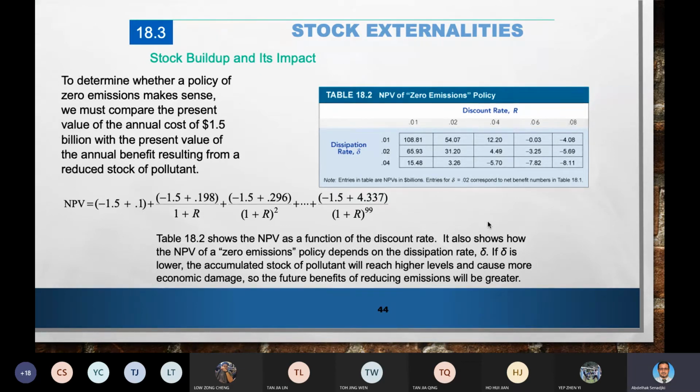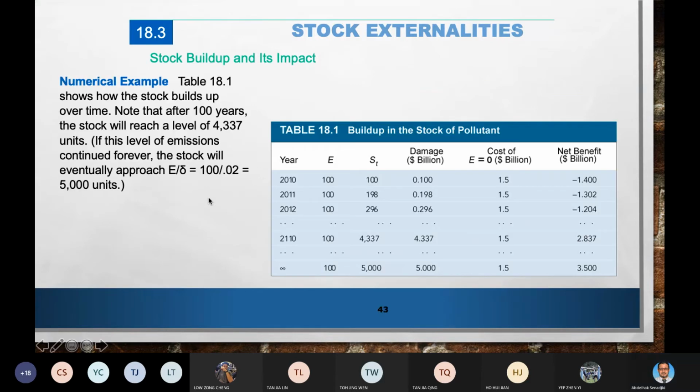In this case, it is the present discounted value of the annual net benefit that we showed in the previous table, and let's assume that the discount rate, or interest rate, is R. Therefore, the net present value equals minus 1.5 plus 0.1, plus minus 1.5 plus 0.198 divided by 1 plus R. Those numbers are here: 0.1, the damage, 0.18, 0.29, and continue.